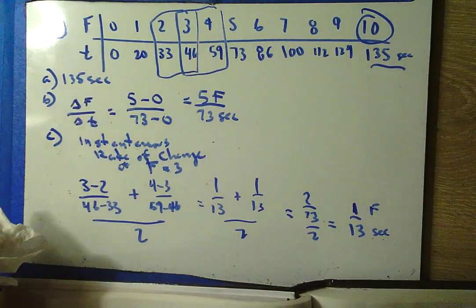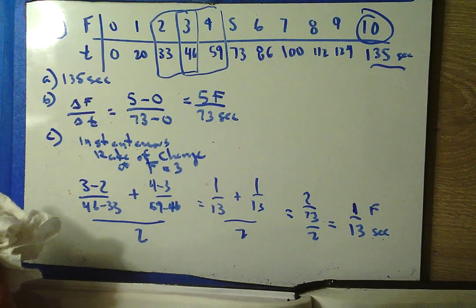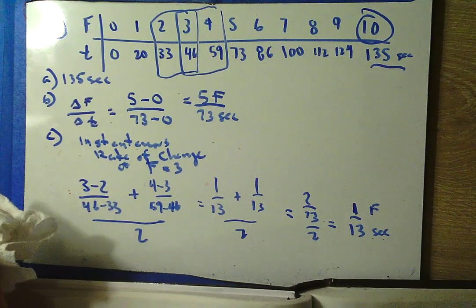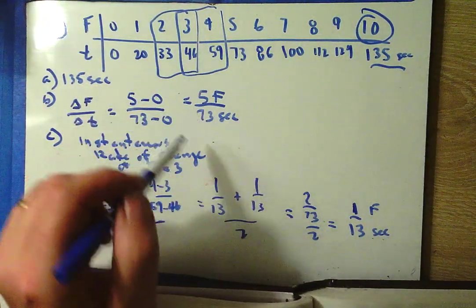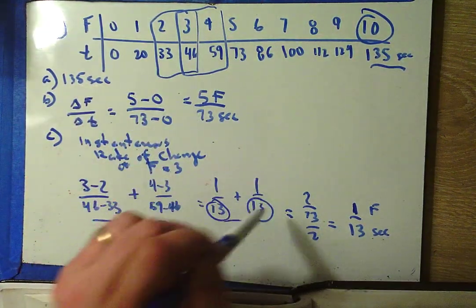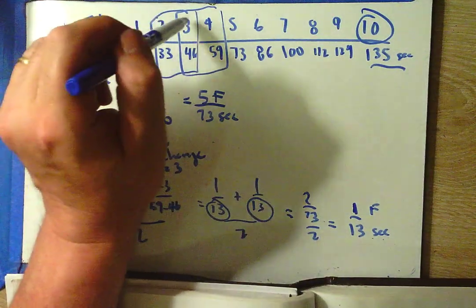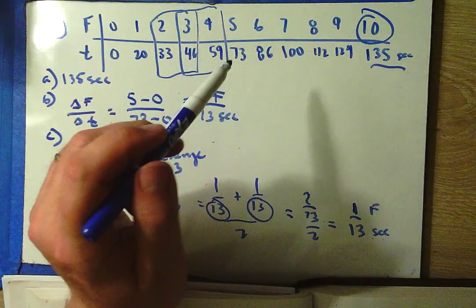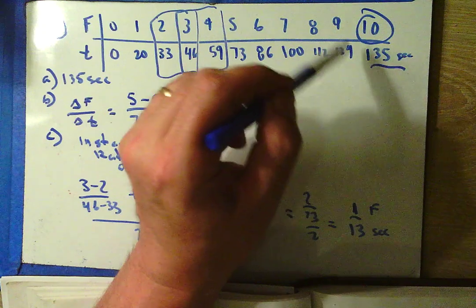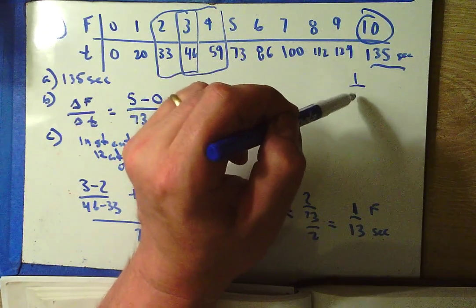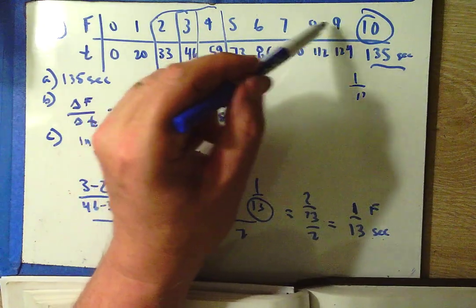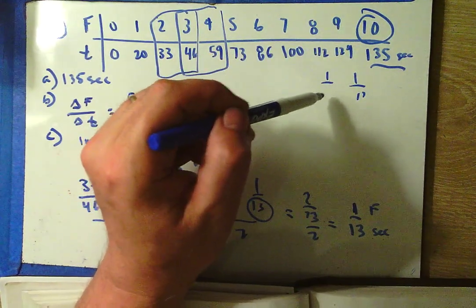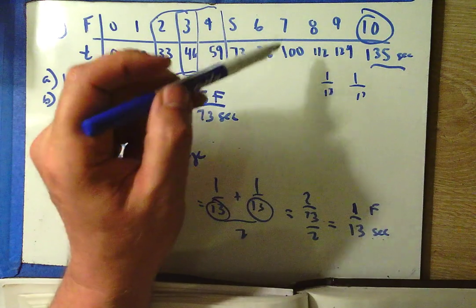During which portion of the race is the horse running fastest? Okay, so in order for the horse to be running fastest, we want this number on the bottom to be smallest. These are all going up by 1 second increments. So if I find the slope from 9 to 10, that's 1 over 11. From 8 to 9, that's 1 over 12.